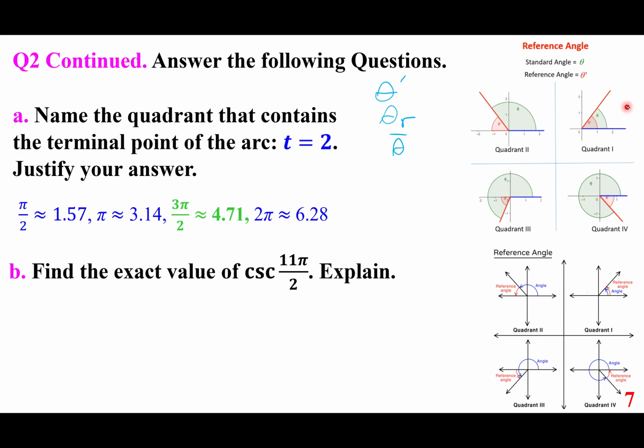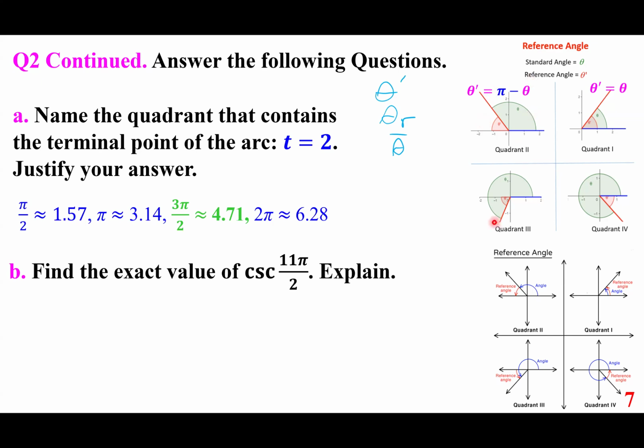By definition, it is the acute angle between the terminal side and the x-axis. So in the first quadrant, theta and theta prime are the same. In the second quadrant, if this is the terminal side connected to the x-axis, and this becomes the reference arc, therefore it's pi minus theta, because pi is larger than the angle theta.